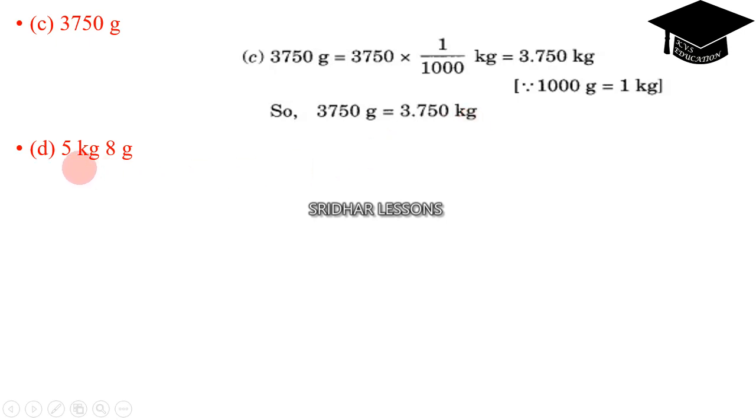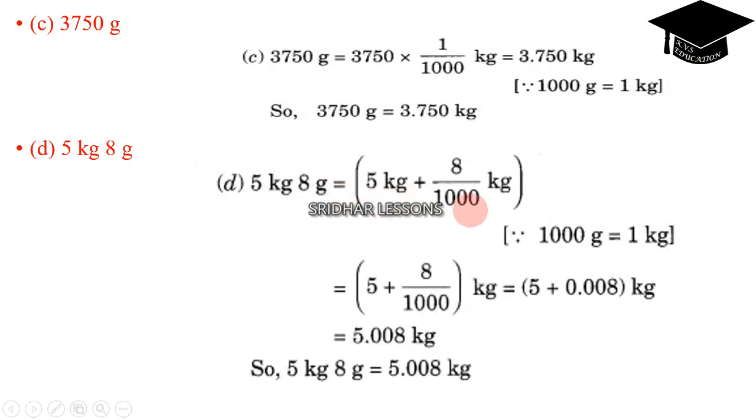Now look into this one. 5 kg 8 grams. That means 5 plus 8 by 1000, that means 5 plus 0.008 kilograms. This is equal to 5.008 kilograms. Remember students, 1000 grams is equal to 1 kilogram.